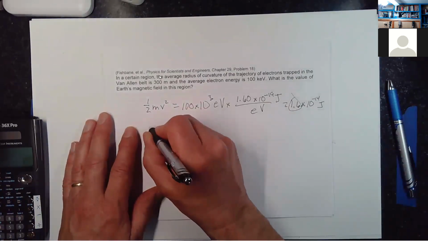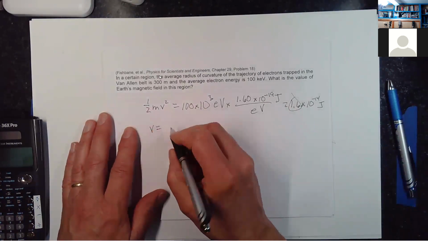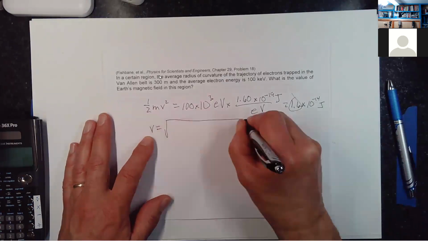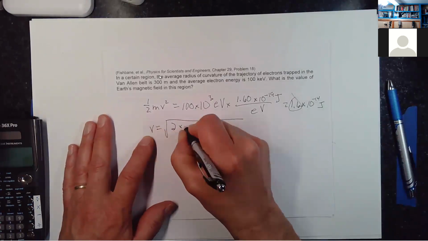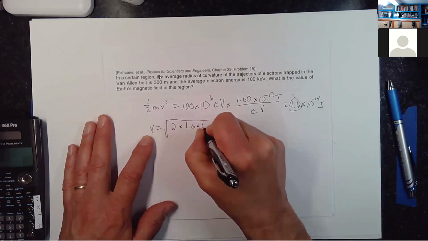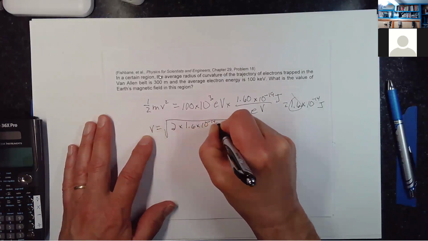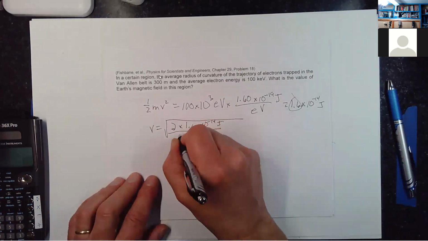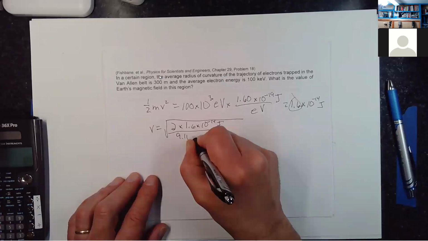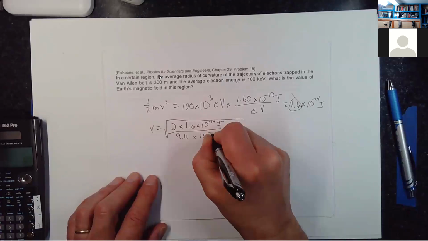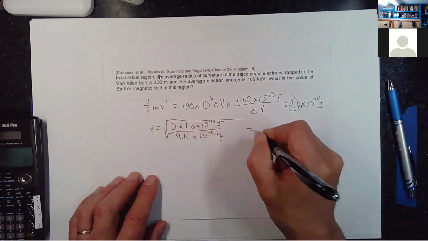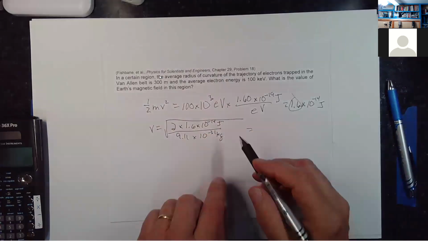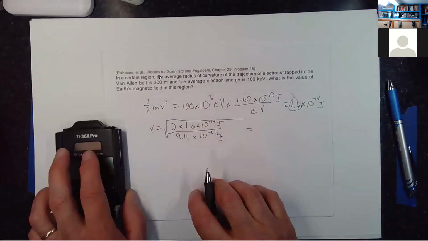Then the speed of the electrons is going to equal the square root of 2 times 1.6 times 10 to the minus 14th joules divided by the mass of the electron, which is 9.11 times 10 to the minus 31 kilograms. And a joule is a kilogram meter squared per second squared. The kilograms will go away and I'll end up with meters per second for the speed here.